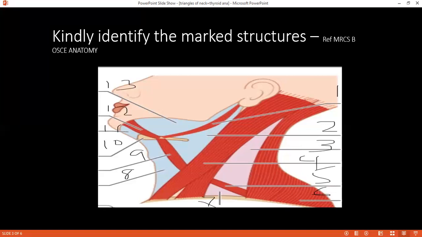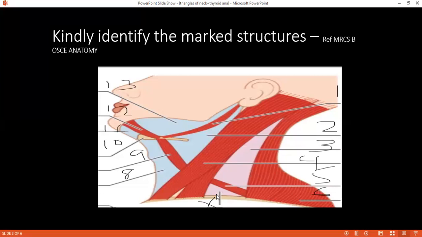What are the contents of the posterior triangle? Here, if you could see, the posterior triangle is again divided into two. What is this number 5 dividing these posterior triangles? Number 5 is the omohyoid muscle. So what are the contents of this number 3 and 7?